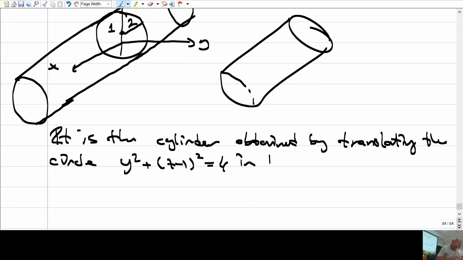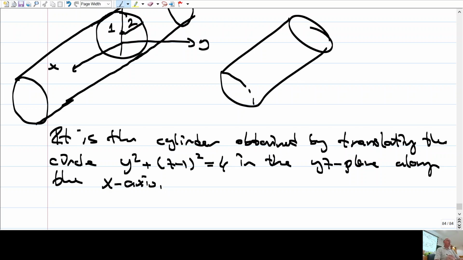In the yz plane along the x-axis. Yes. So I take the circle and just translate it along the x-axis. You get a cylinder.